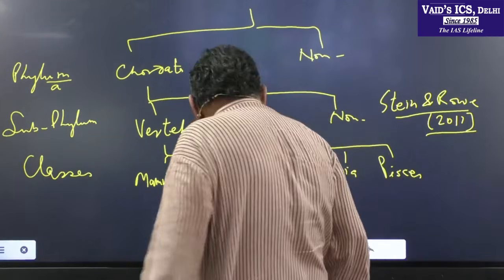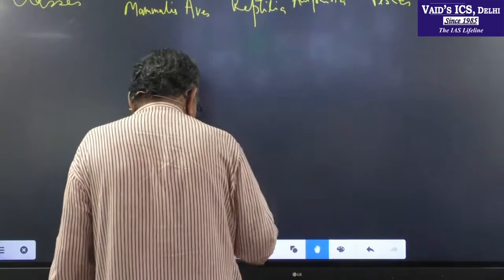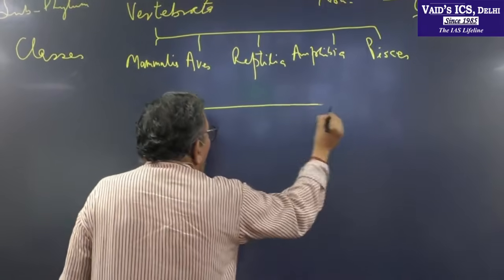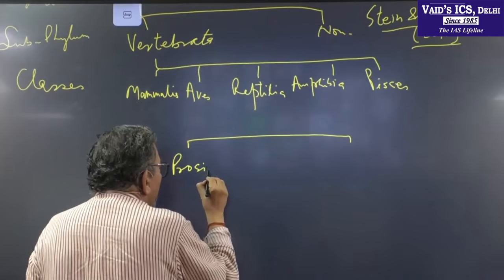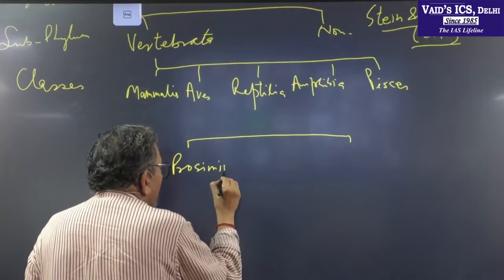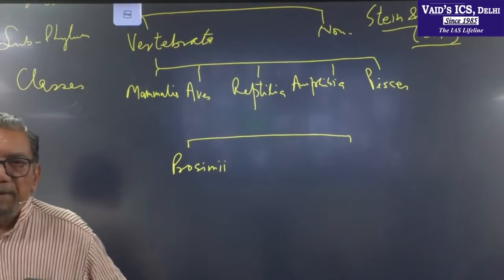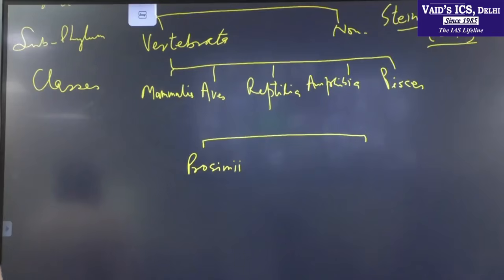Then primates have two suborders. Two suborders, Prosimiae. Prosimiae means primitive monkeys, and these are also called lower primates.